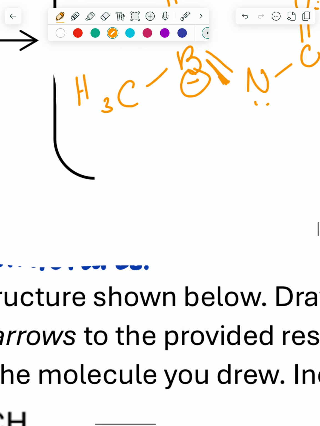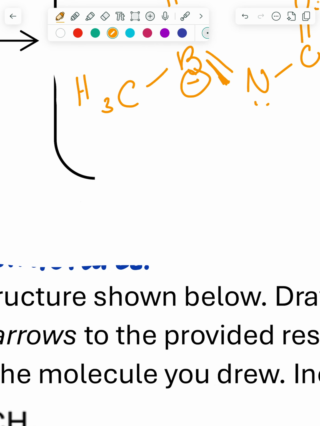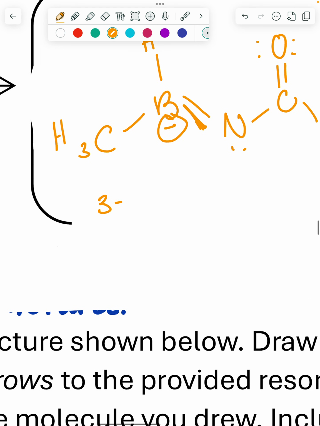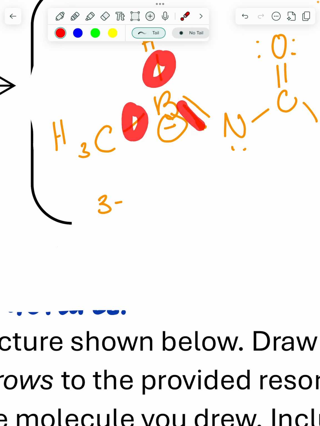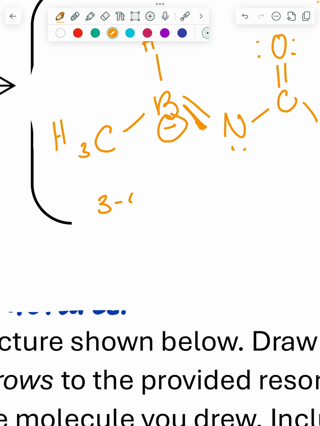So boron is in the 3rd column, so it's 3. And then how many bonds it has, which is 1, 2, 3, 4. So 3 minus 4. And then how many non-bonding electrons it has, which is 0. And then when you do this math, it'd be -1, and that's why boron is negatively charged right there.